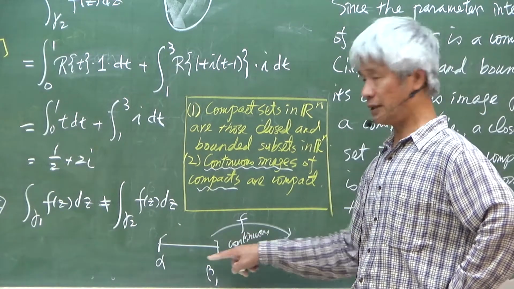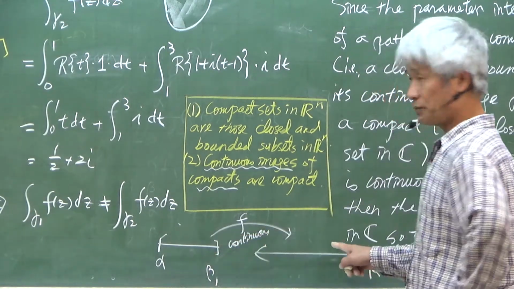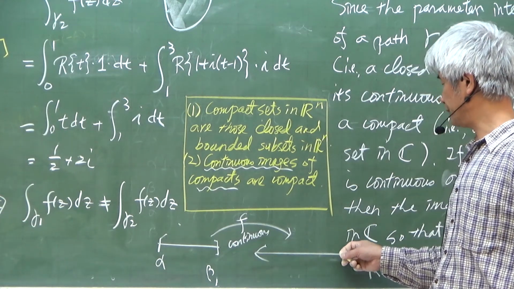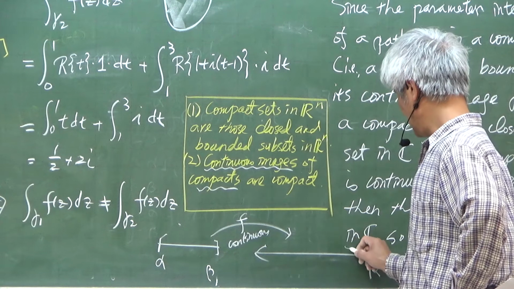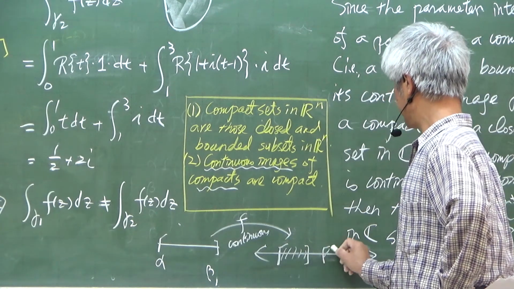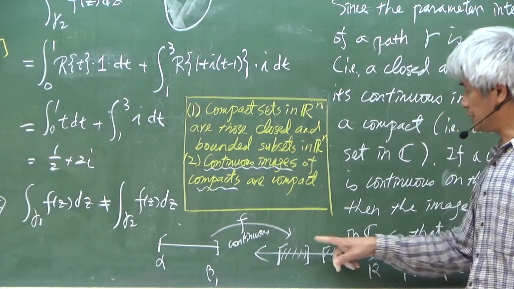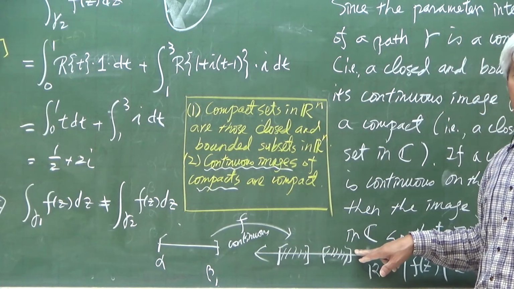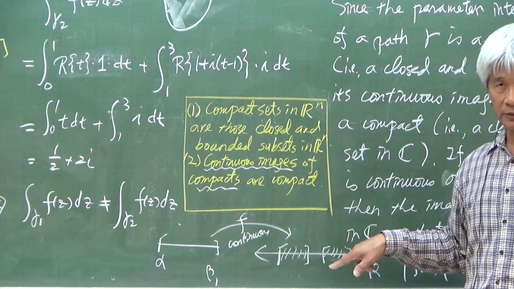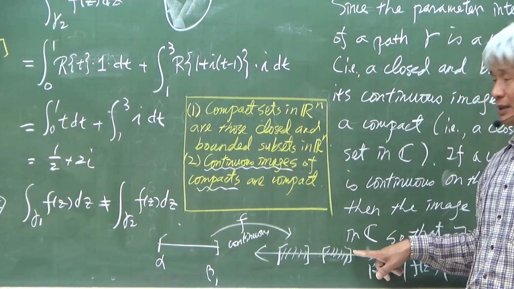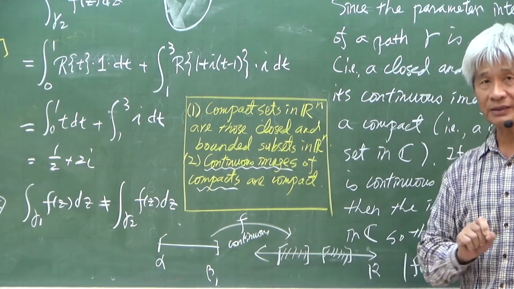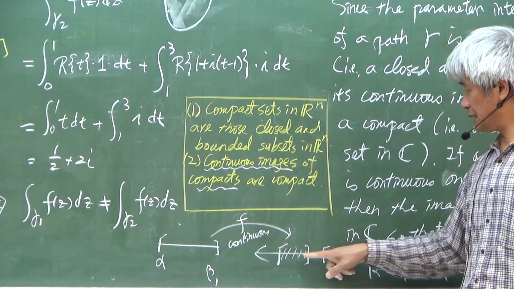It's bounded and closed, so the image is bounded. And it's closed. So the image is here, and since it's bounded, it has a least upper bound and a greatest lower bound. But because it's closed, the least upper bound and the greatest lower bound will be in it, since a closed set includes its boundary.